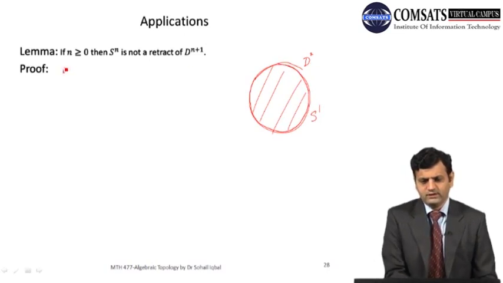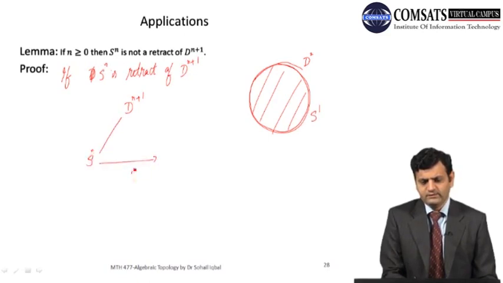If Sn is a retract of Dn plus 1, then we should have the following diagram: Sn, the identity of Sn, and the inclusion, and we should have this R such that this diagram commutes.